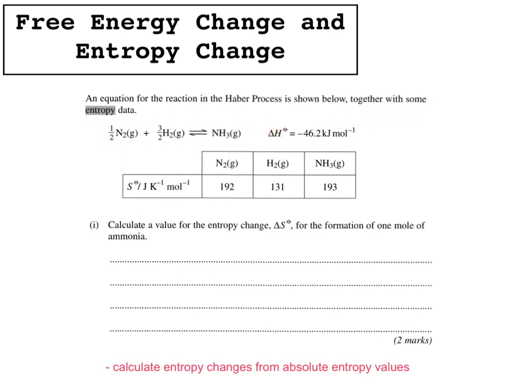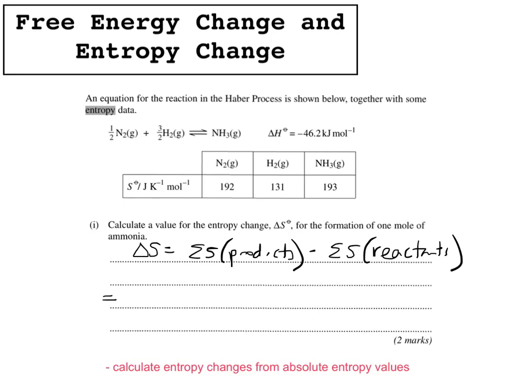And there's the equation. We've got to calculate a value of the entropy change for the formation of 1 mole of ammonia. So we've got the entropy values here for the 3 different species, and so we've just got to use the equation. So delta S equals the sum of the entropy values of the products, or the product in this case, minus the sum of the entropy values of the reactants.